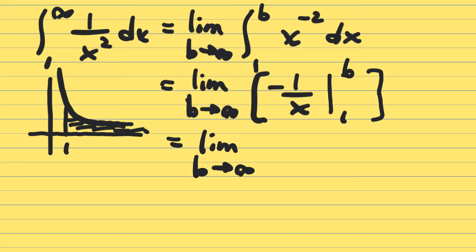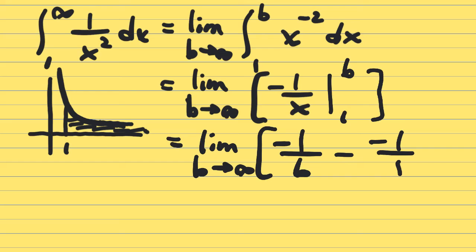Limit as b goes to infinity of negative 1 over b minus negative 1 over 1. With a fraction, the faster that the denominator grows, the smaller the overall value of the fraction.